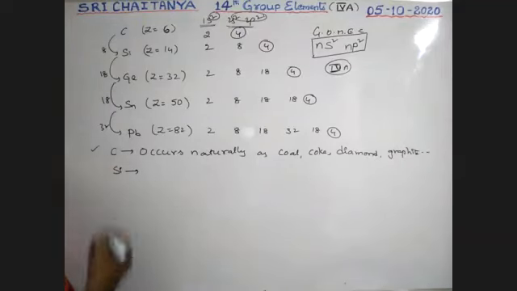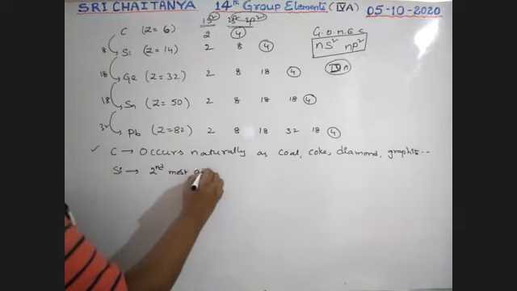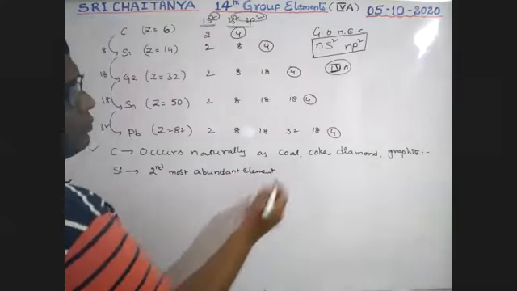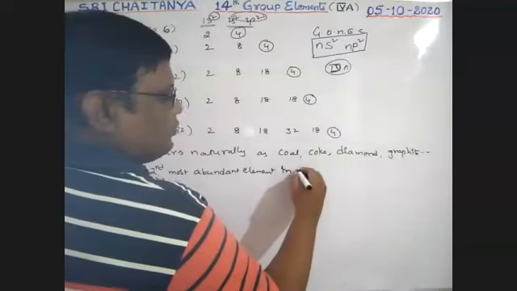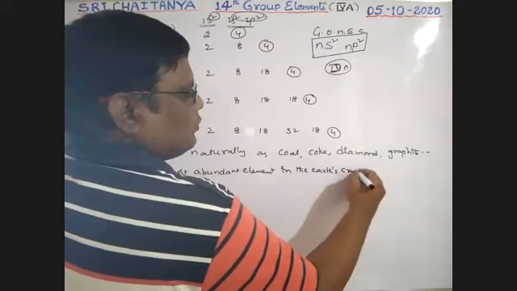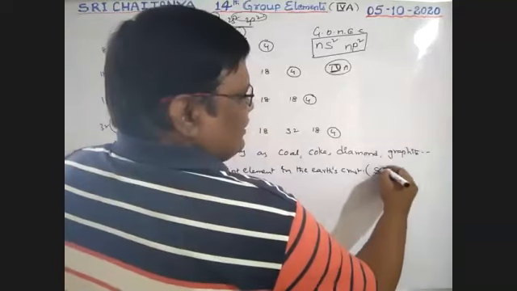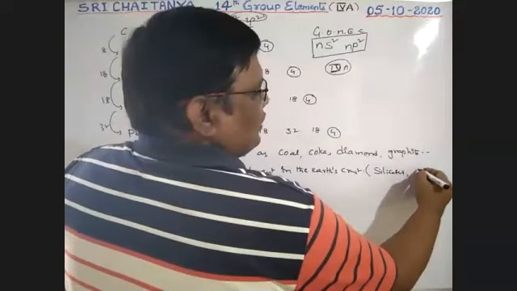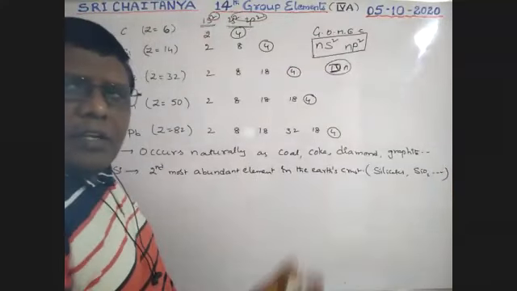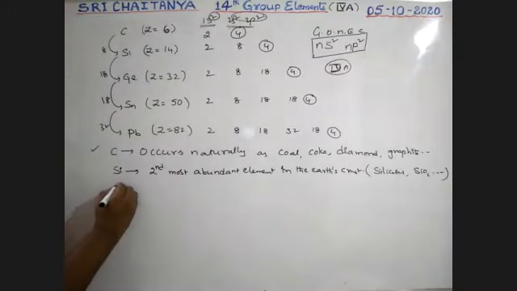It is the second most abundant element in the earth crust. It occurs as silicates, that is SiO2, also available as sand.